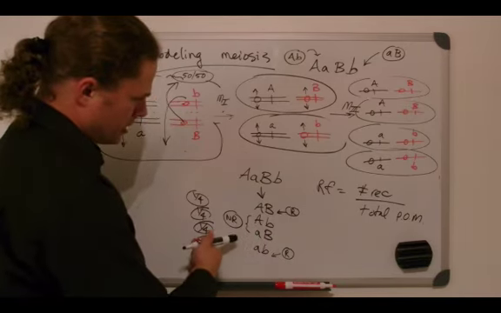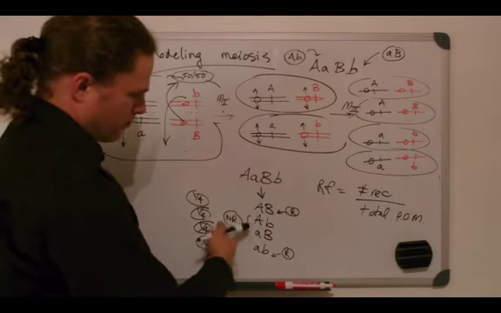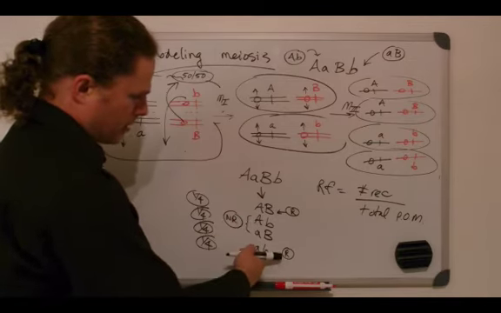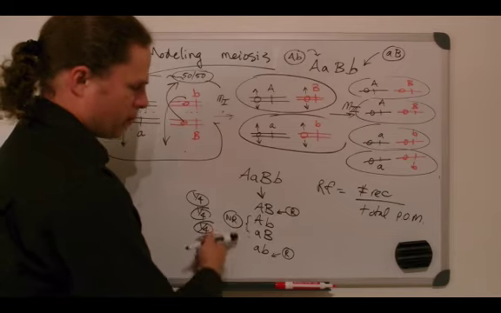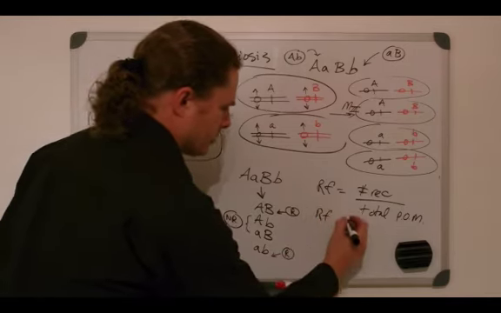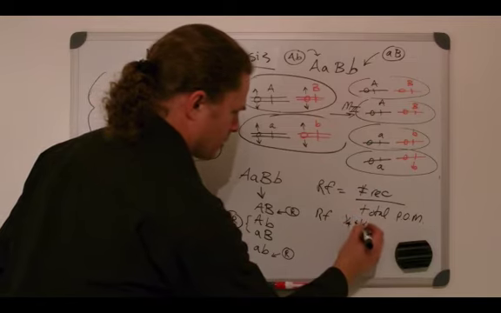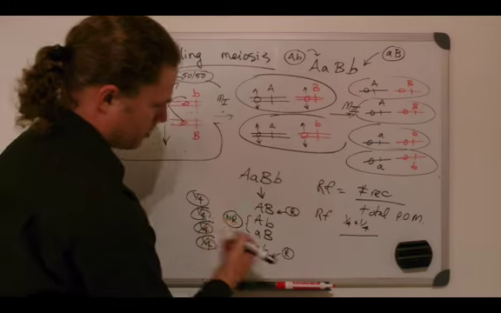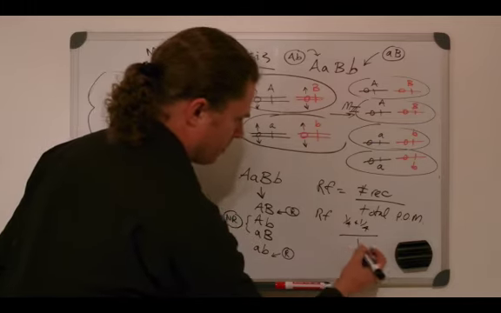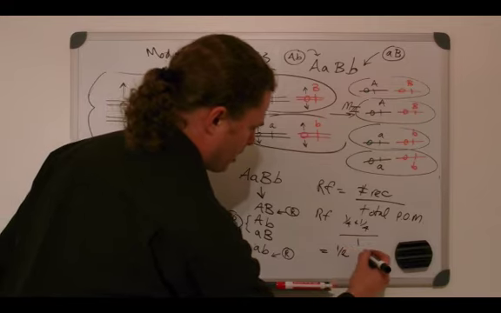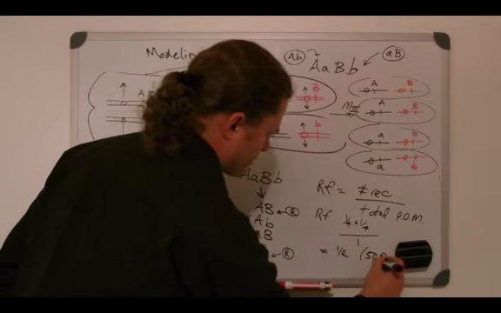So in this case, the recombination frequency in this scenario, you'll notice that the recombinants and the non-recombinants are equal in frequency. So what this means is that the recombination frequency we could say is 1/4 plus 1/4 divided by 1/4 plus 1/4 plus 1/4 plus 1/4, or 1, which would give us a recombination frequency of 1/2, or 50%.